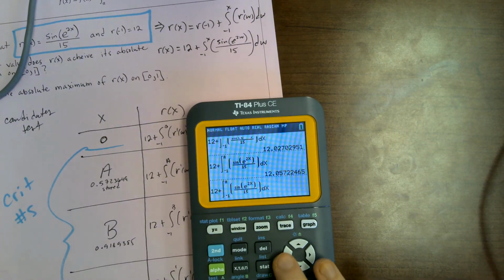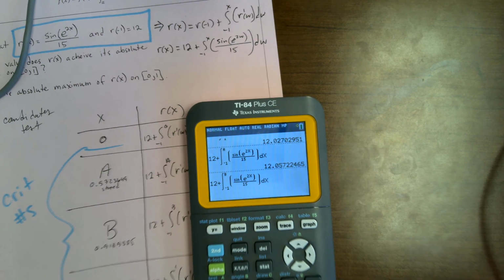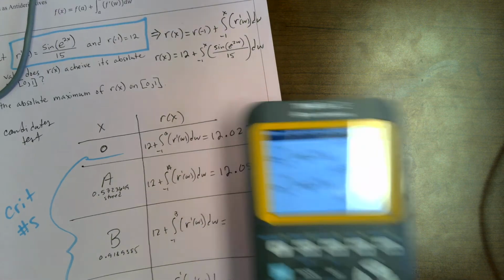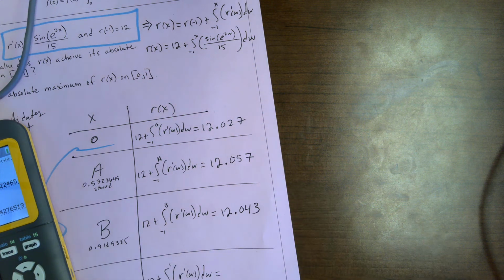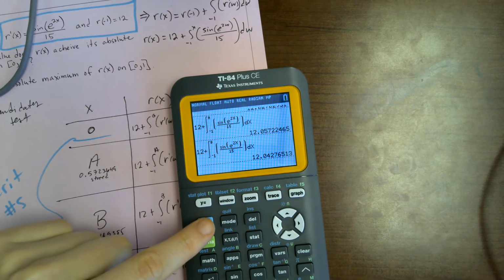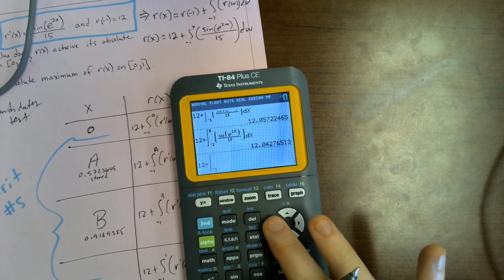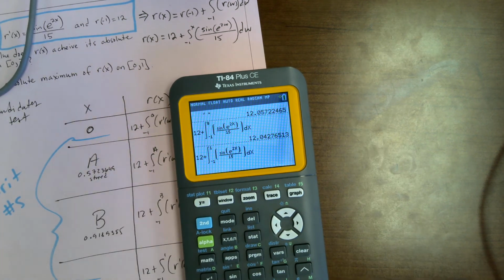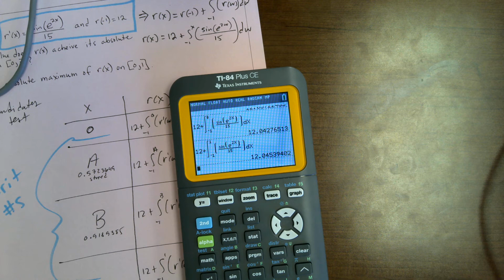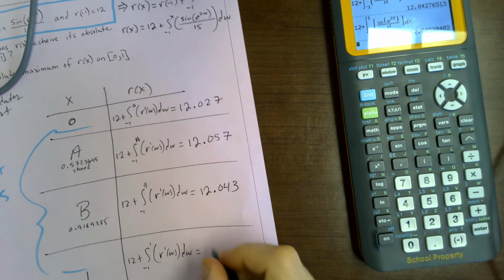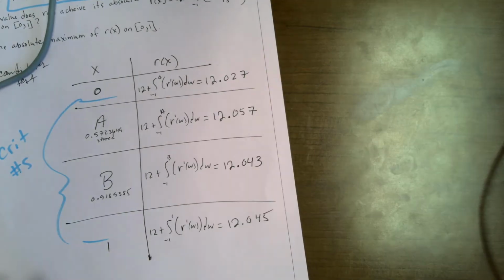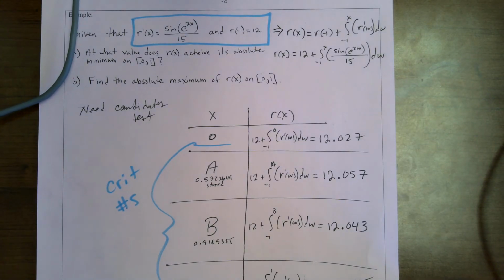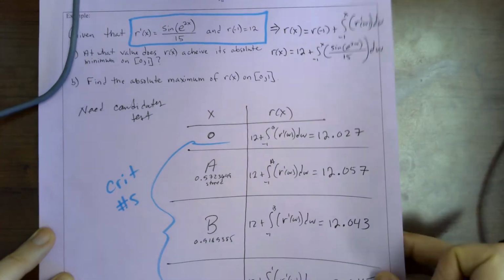And now second enter, B. Okay. 12.043. Second enter, 1. 12.045. Okay, so for part A, at which value does r of x achieve its absolute minimum?